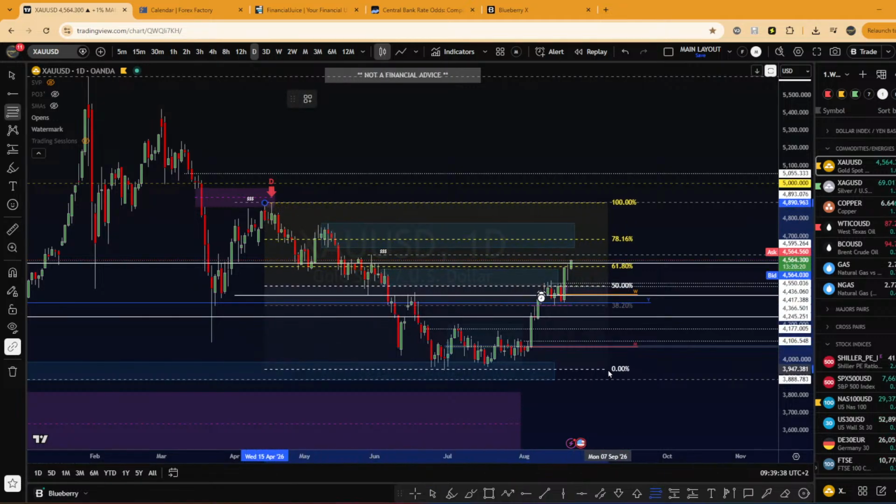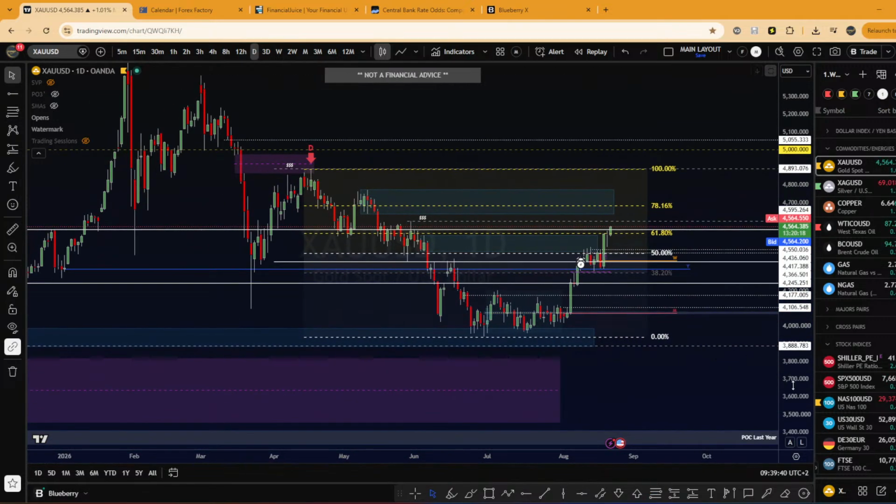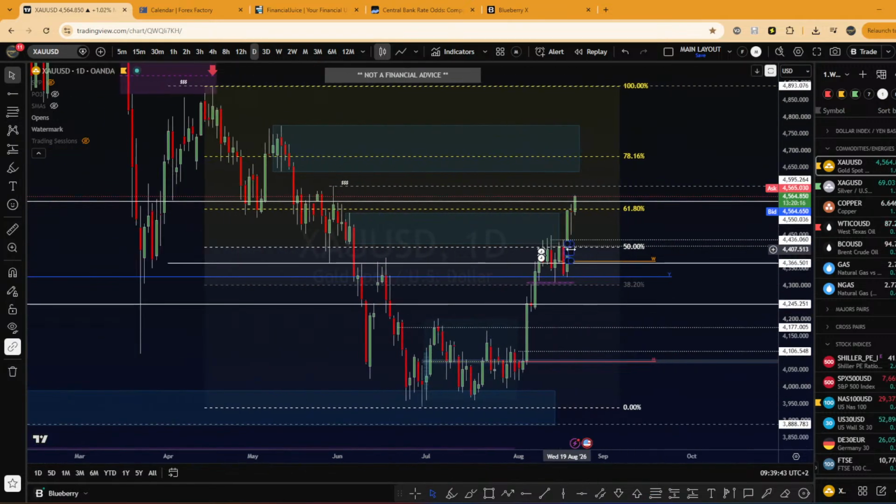daily leg, pretty much almost the same chart, but you see how we already blew past the 50%. We are already at the 61.8%. If we close above it, there is a high chance that we continue to target this premium level here.